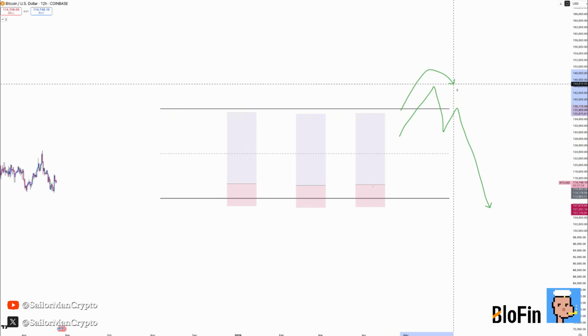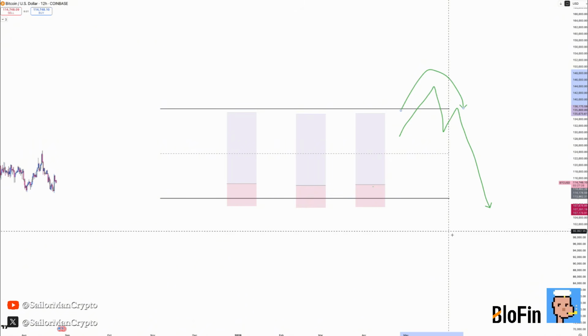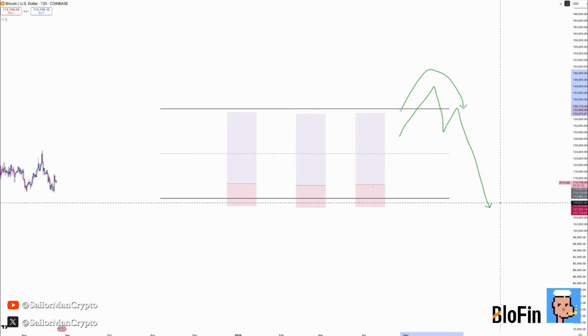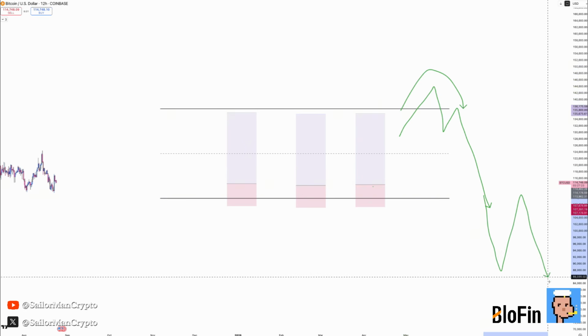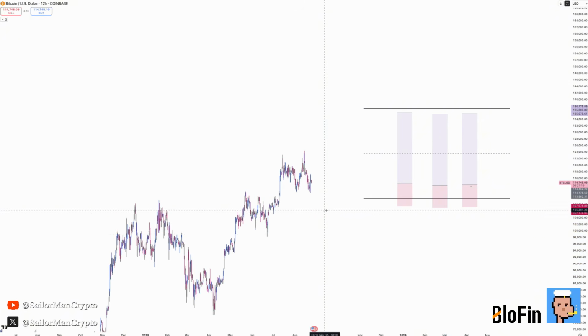It's a speculation, so I will try to position myself accordingly, but this speculation will be confirmed only when the range is finally broken, when we start to trade below or above.